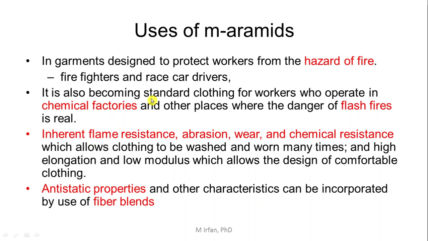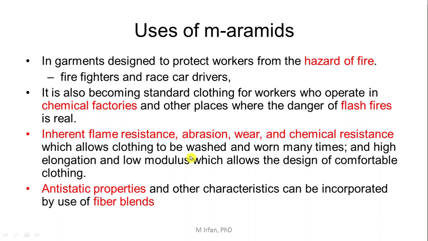It is also becoming standard clothing for workers who operate in chemical factories and other places where the danger of flash fires is real. And because these fibers are inherently flame resistant, abrasion, wear and chemically resistant, therefore the clothing that is made of meta-aramid fibers is durable and can withstand multiple washes.